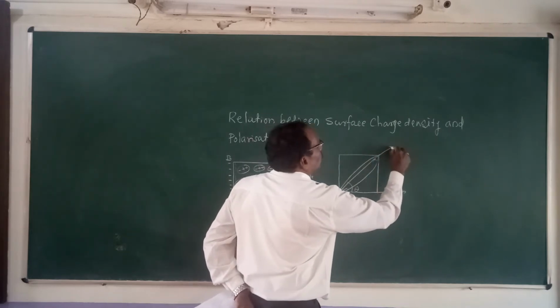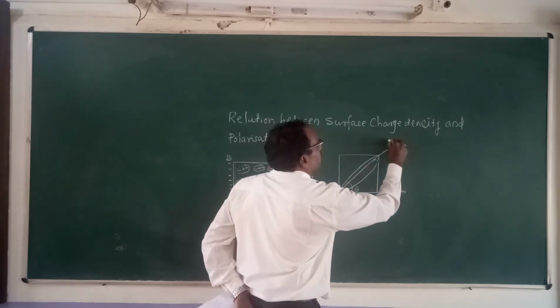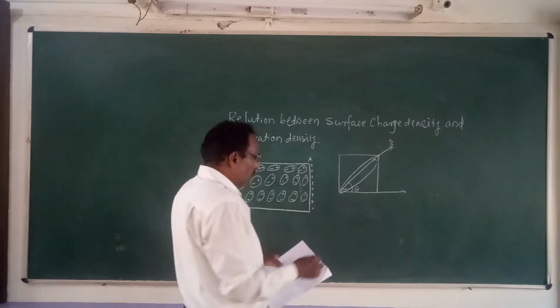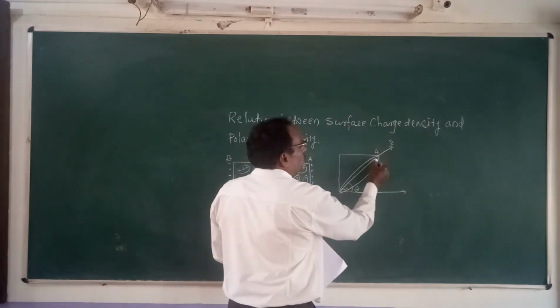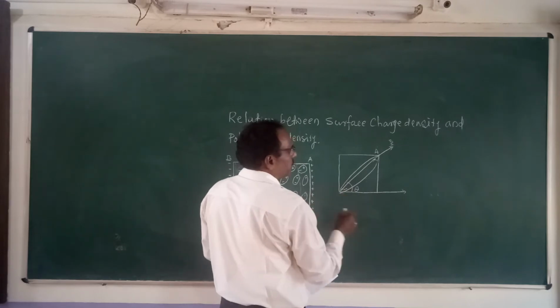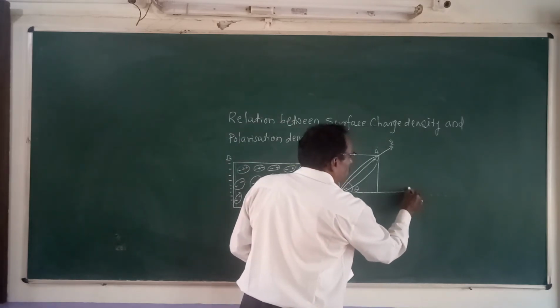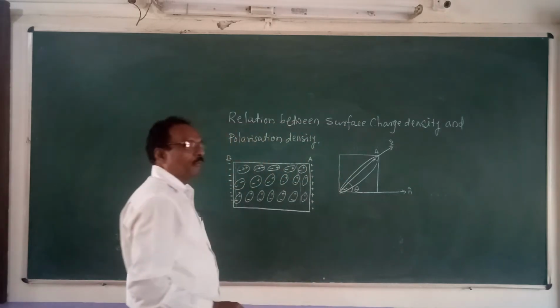This is the dipole moment P. Dipole moment P of this. Now this is A, this is positive and this is negative. And here we have this direction, that is the unit vector.